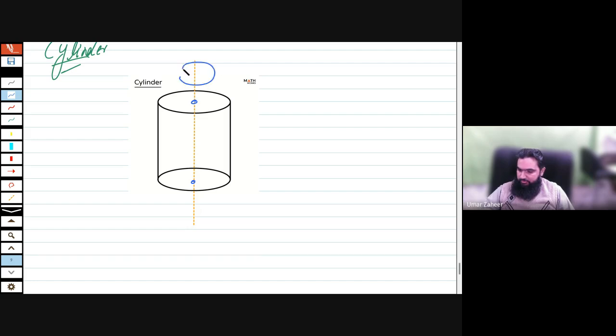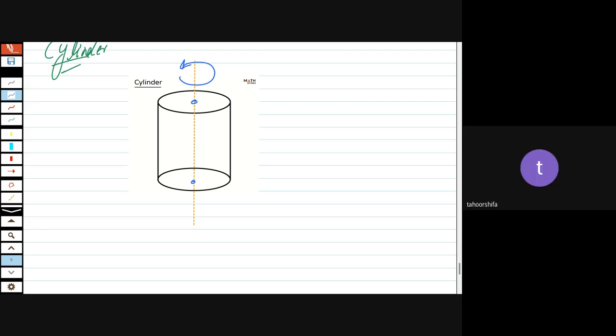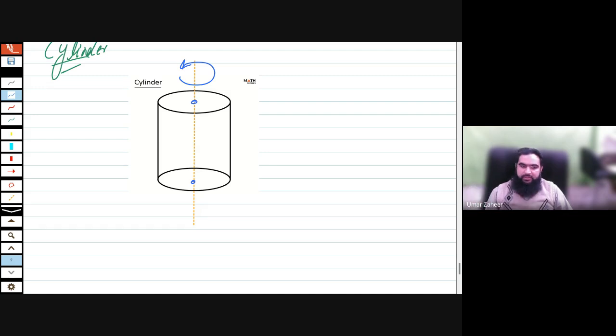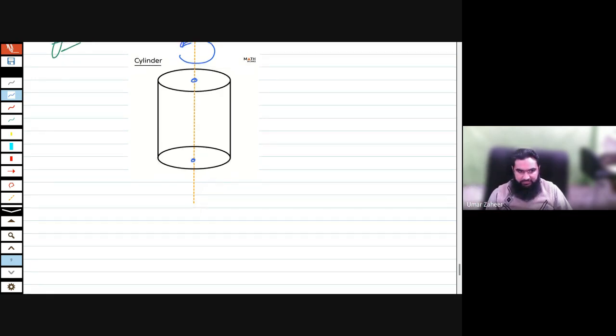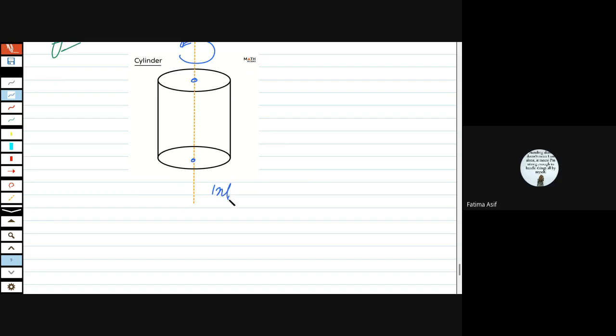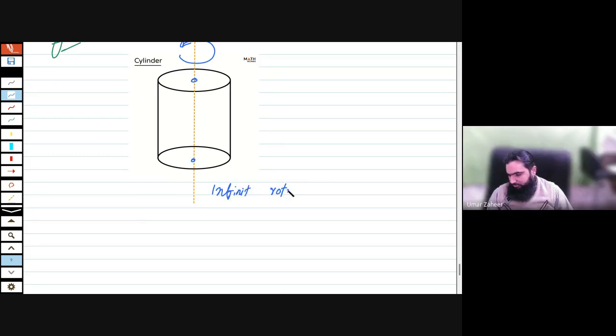If you rotate it up to 360 degrees, infinite times you are going to see the same shape. This means that you have infinite rotational symmetry.